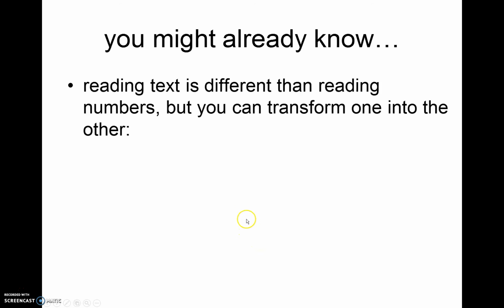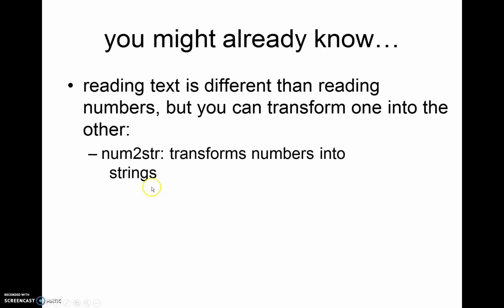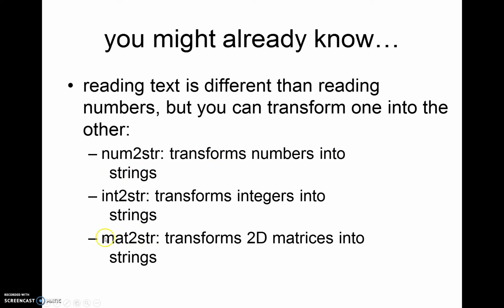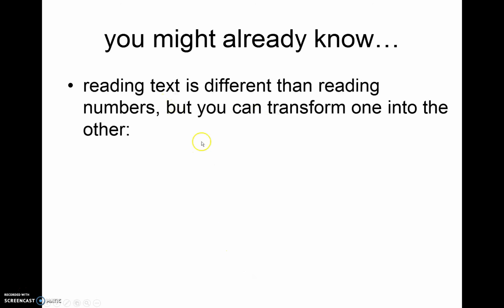So reading text, you might already know, is different from reading numbers, but you can transform one into the other. So if you have a bunch of numbers but you want to write them out as strings onto the screen, you can transform numbers into strings with these kind of commands, even whole matrices into strings. You can also convert them into arrays of characters. You can also do the opposite.